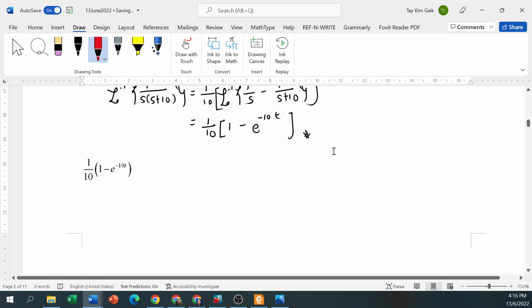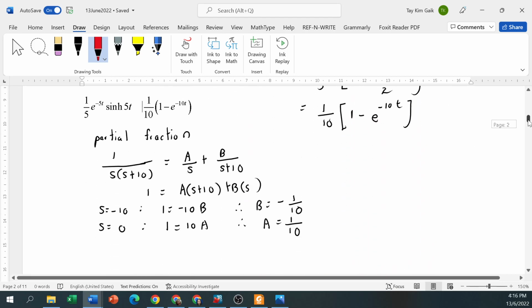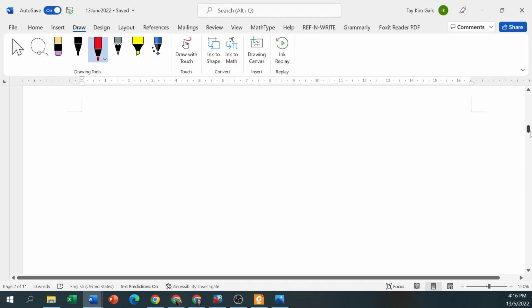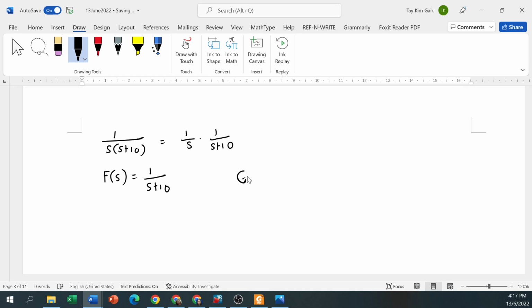So this is the same question. Since we solved it using completing the square and partial fractions, we can also solve it using the convolution theorem. You have 1 over s times 1 over s plus 10. Normally I will choose the simplest function as G(s).